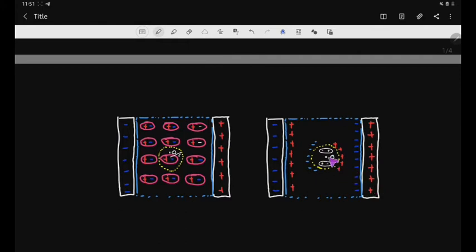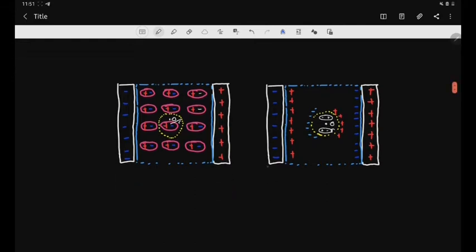So the electric field at this point O will be a sum of the electric field due to these free charges, the electric field due to these bound charges, as well as the electric field due to the charges on the surface of this sphere and the electric field due to the molecules which are inside this sphere. So let us give them numbers.